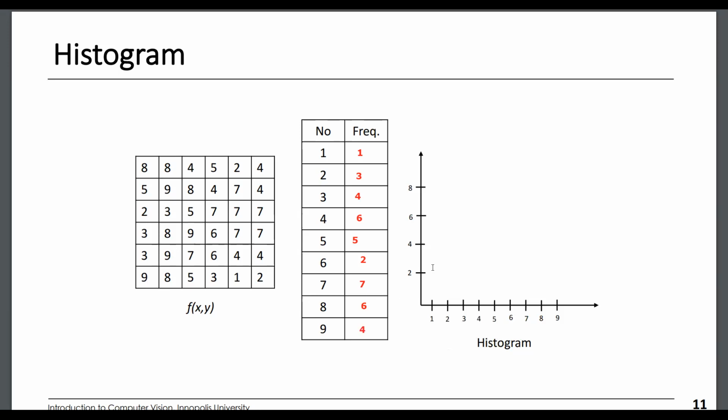And here we just come and build a simple distribution. So let's say this was 1, then it goes up to 3, then it goes up to 4, then 6, then 5, then 2, then goes back up to 7.